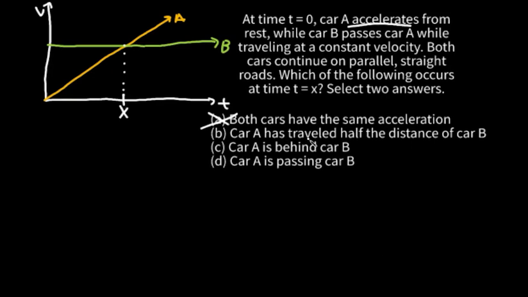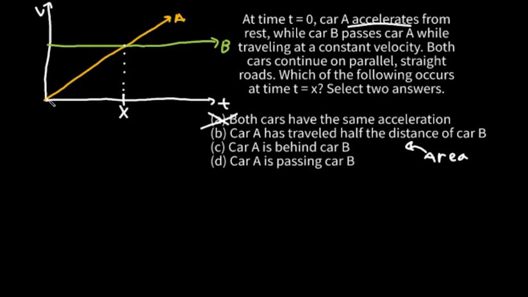Car A has traveled half the distance of car B. Well, distance we know is the area under a velocity versus time graph. So if we look here, car A has this triangle and car B has a square.